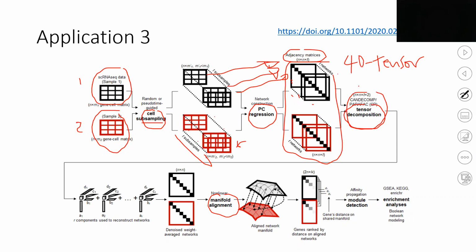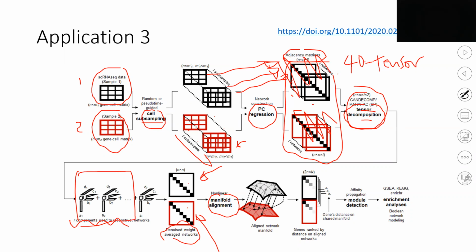If we do the tensor decomposition, you can decompose and learn from the data and then use the top components to reconstruct those tensors, and then take the average across samples and get the average gene regulatory network for each of the samples.